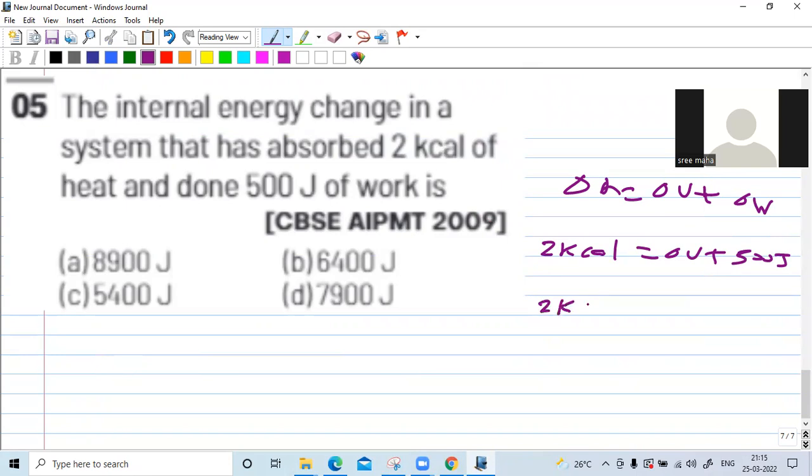What is the conversion factor? 4.2, right?